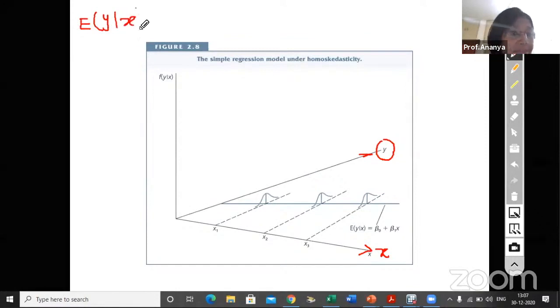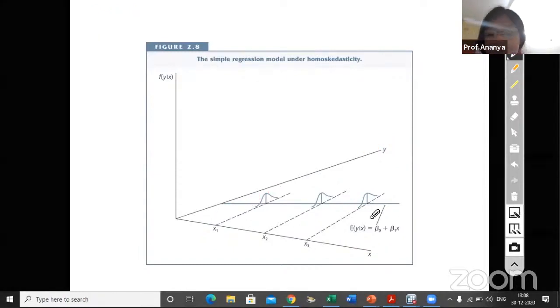Both x and y are random variables. So when I'm saying given x, let's take a particular value of x, let's say x1. Even when I've fixed x, I see that y has a whole range of values. The whole range of values that y takes can be measured along this axis. And we are assuming that those values are distributed symmetrically. That's what explains the particular shape that you see over here.